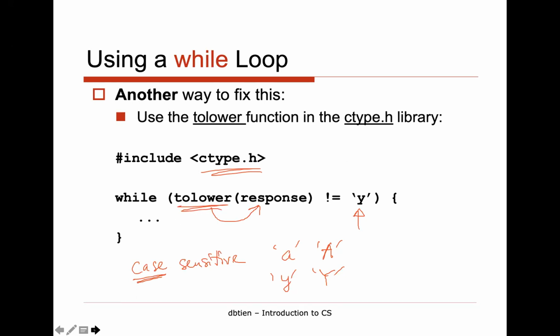Tolower for a char will convert all the characters into lower case, and you have that function to help you work on the char. There is another one, toupper, to turn it into upper case when you are working on char.